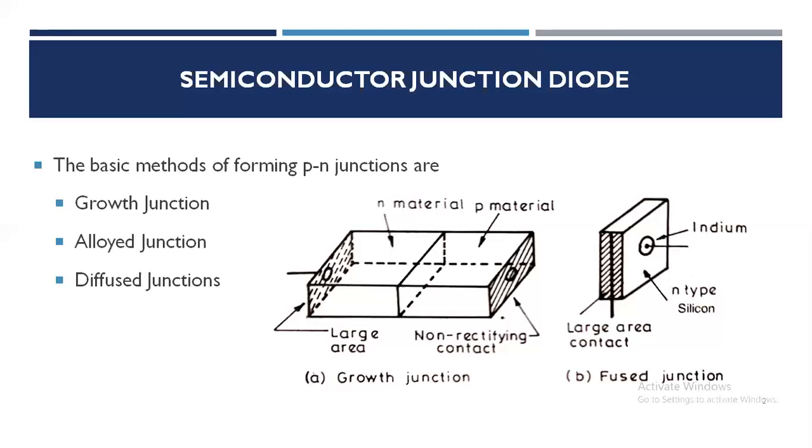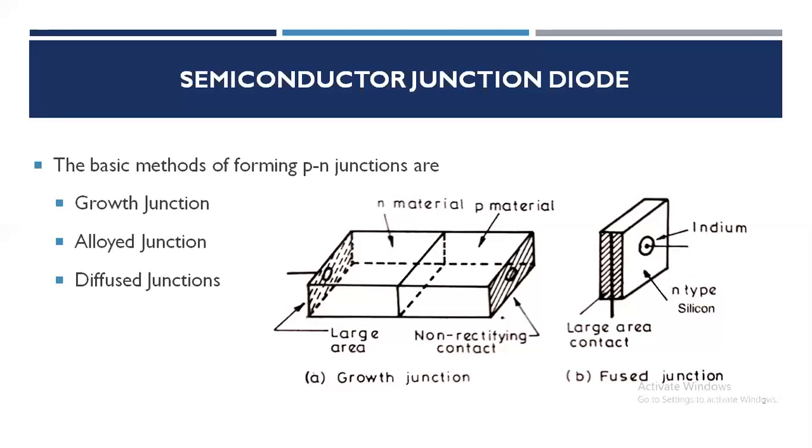And the next one is the diffused junction. Impurity diffusion is another most common technique for forming PN junctions. This method, along with the use of selective masking to control the junction geometry, made possible the development of integrated circuits.